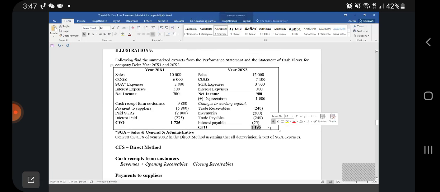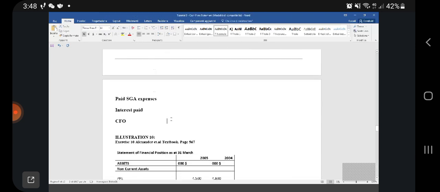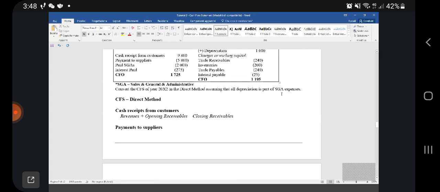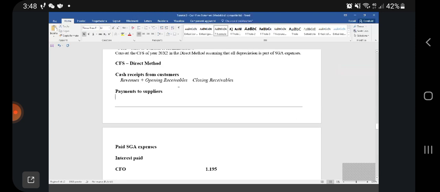So again, when you finish all the calculations over there, the cash flow should be equal to 1,195, the same amount as here. So you have a way to check your calculations, okay? I'm providing the formulas just to help you along the way.